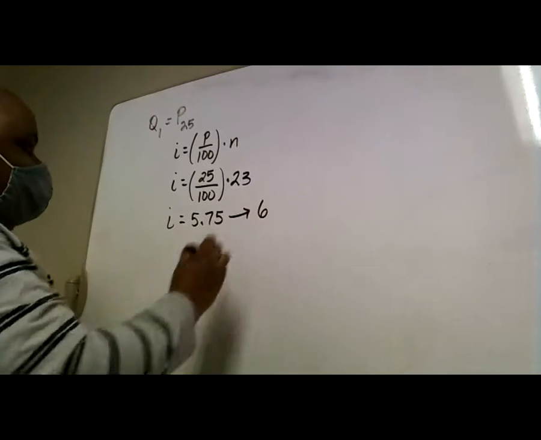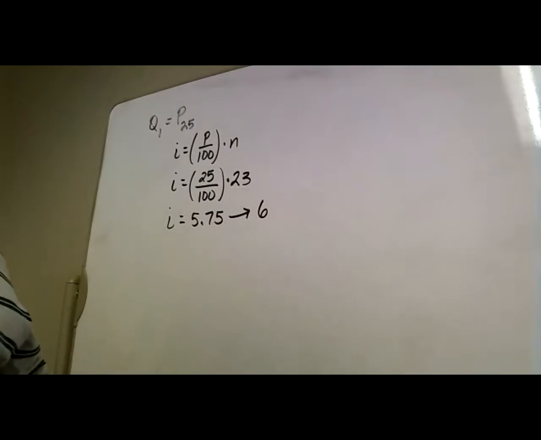So I need to round that number up to the next larger whole number. That would be 6. Okay. So in this case here, the 6th number represents Q1. That's the first quartile. So Q1 was 26.